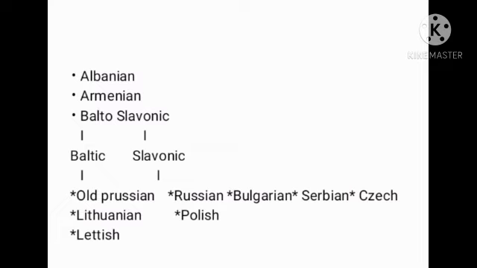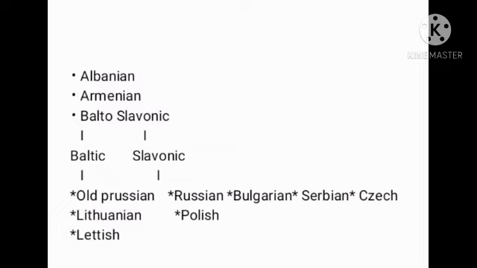Let's recall the subdivisions of the Eastern or Satem group. First one Indo-Iranian, second Albanian, third Armenian, and fourth one Balto-Slavonic. So far, we have discussed Indo-Iranian, then we are going to the next one, and that is Albanian.